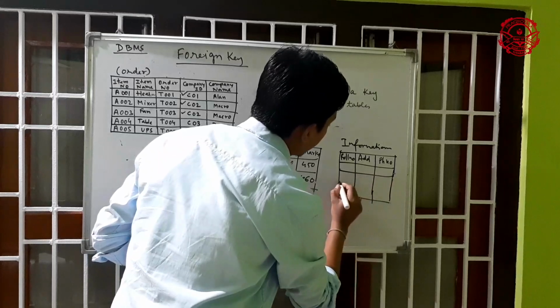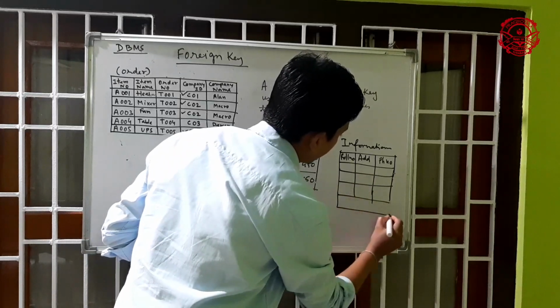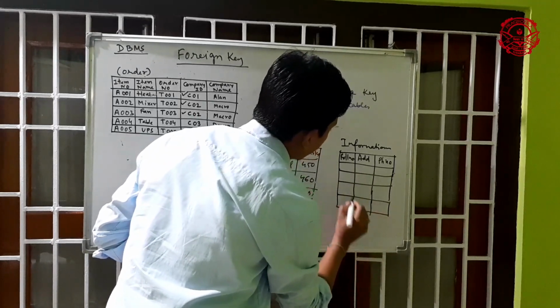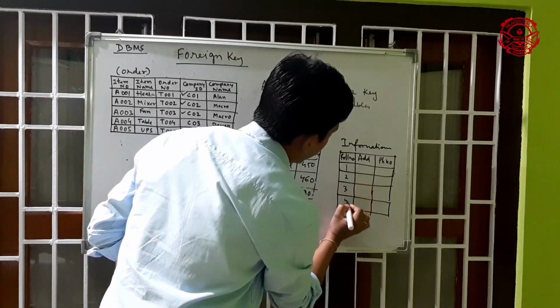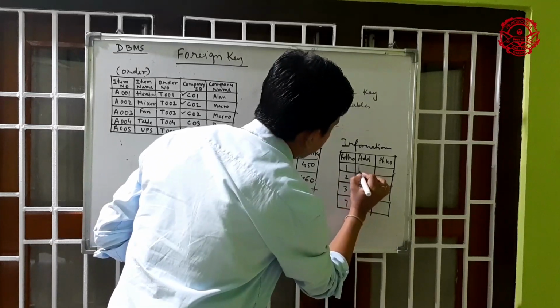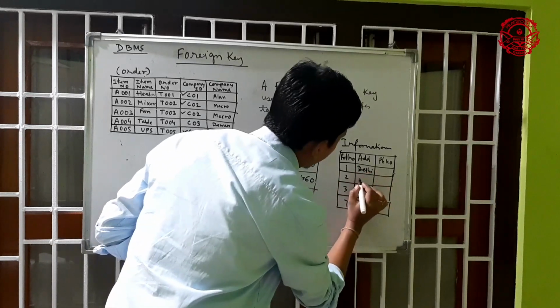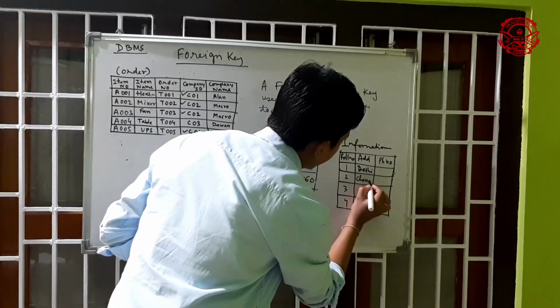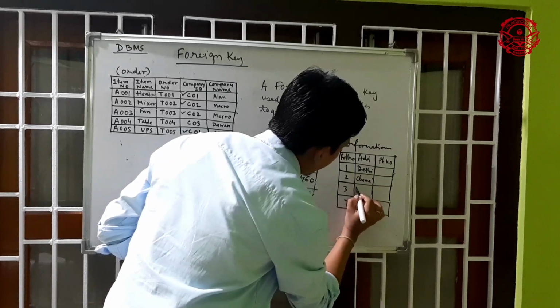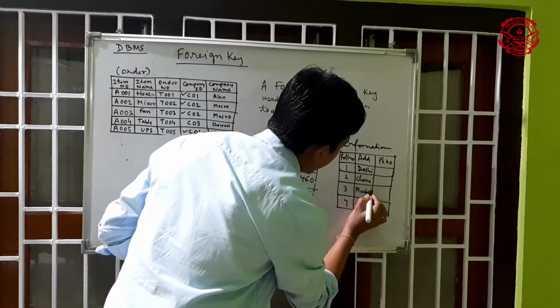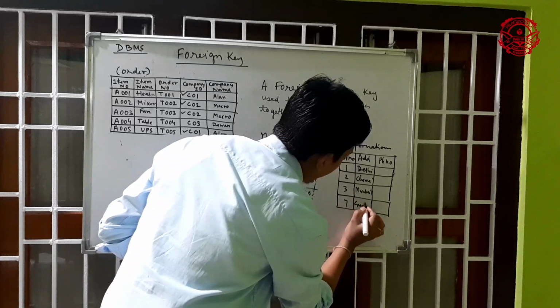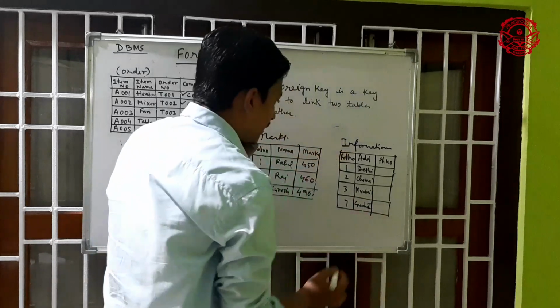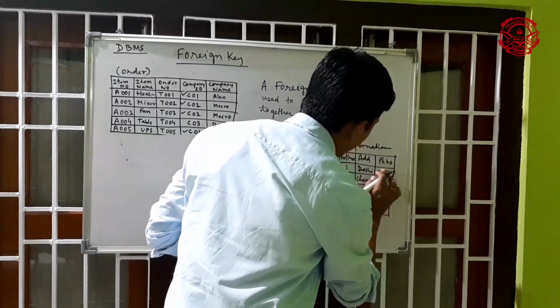Roll numbers 1, 2, 3, 4, with addresses Delhi, Chennai, Mumbai, and Guwahati, and some phone numbers.